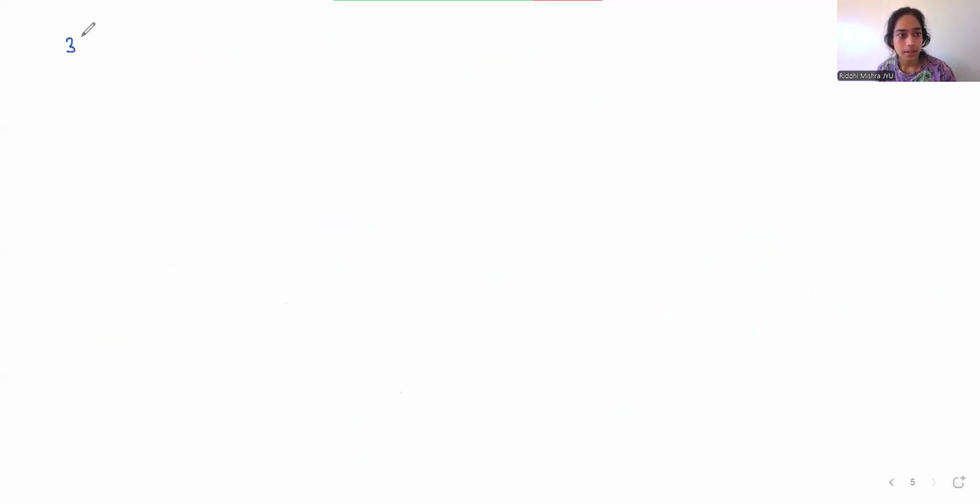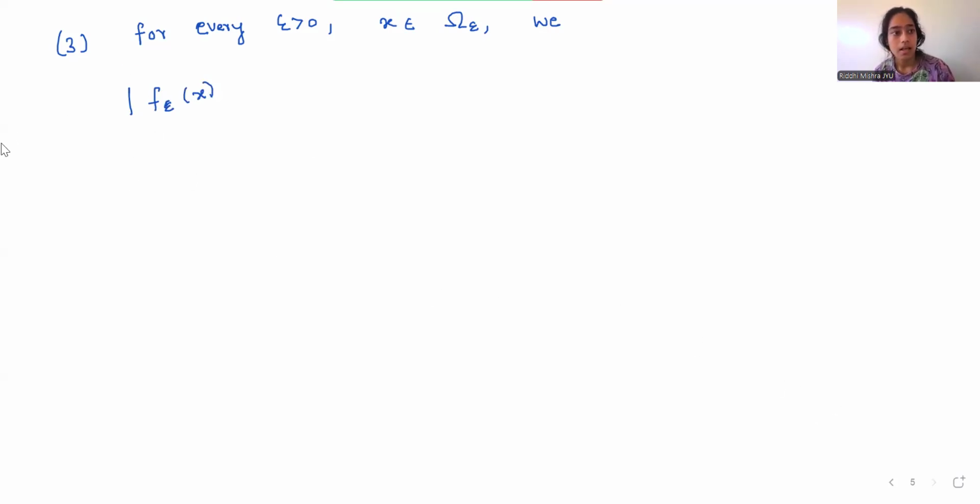The third one is, for every epsilon positive and for every x in omega epsilon, we can calculate this f convolve phi epsilon at x.